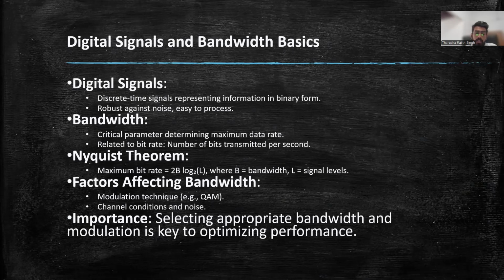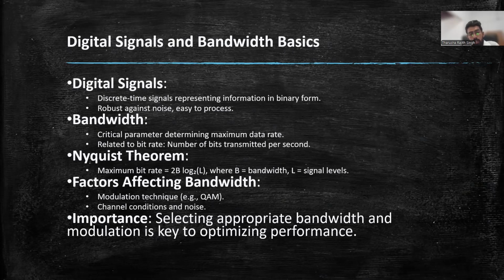Bandwidth. Bandwidth is a crucial parameter in digital communication as it determines the maximum data rate that can be transmitted over a channel. Bandwidth is related to bit rate, which is the number of bits transmitted per second.